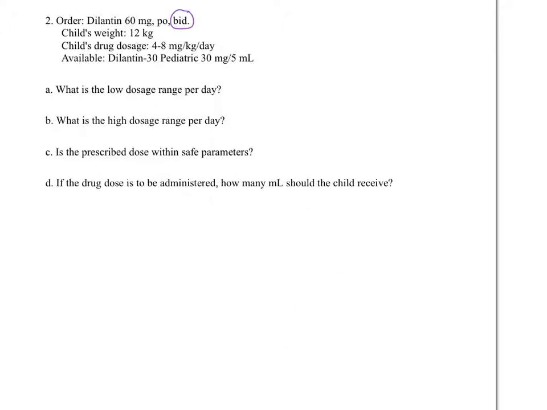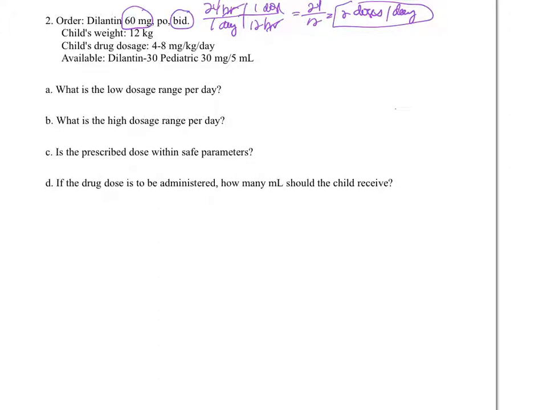So we are getting it BID, so we all know that means twice a day. But we'll do the calculation: 24 hours in 1 day, 1 dose every 12 hours. So that means 24 divided by 12 equals 2 doses per day. Now we want to figure out the total milligrams.